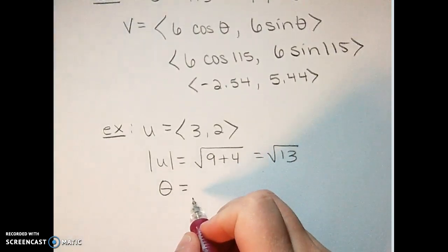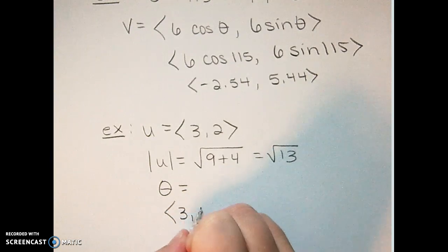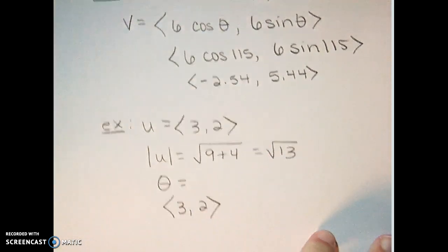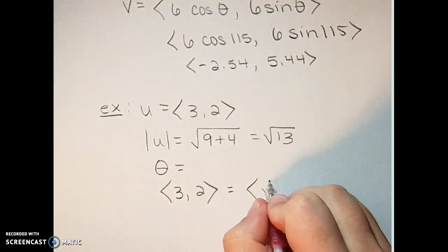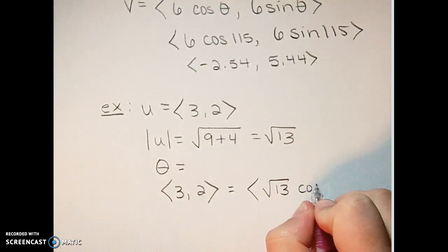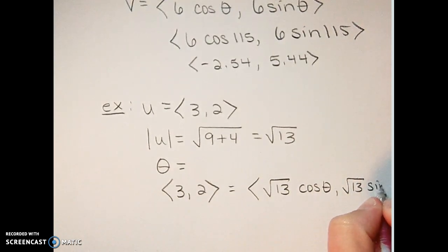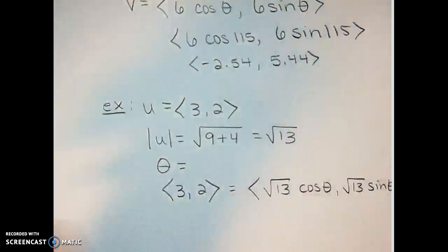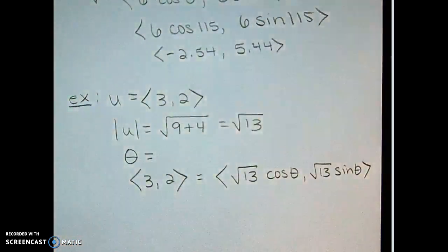Then to find theta, we have to use the fact that our vector is 3, 2. It's going to equal the square root of 13 cosine theta, square root of 13 sine theta.